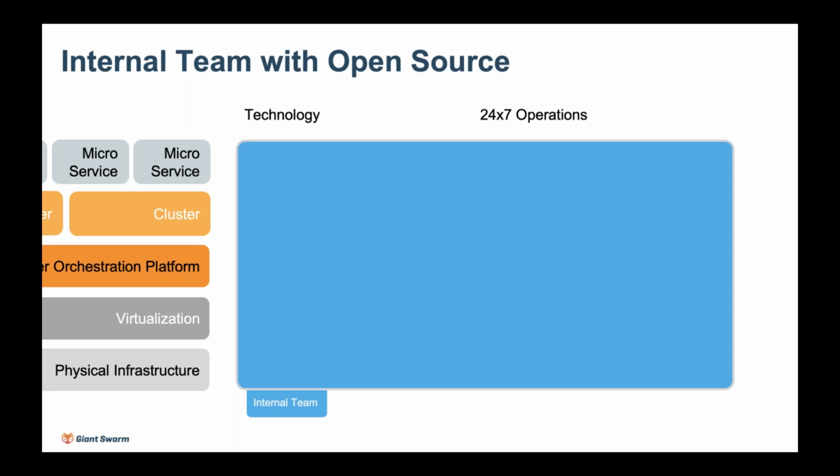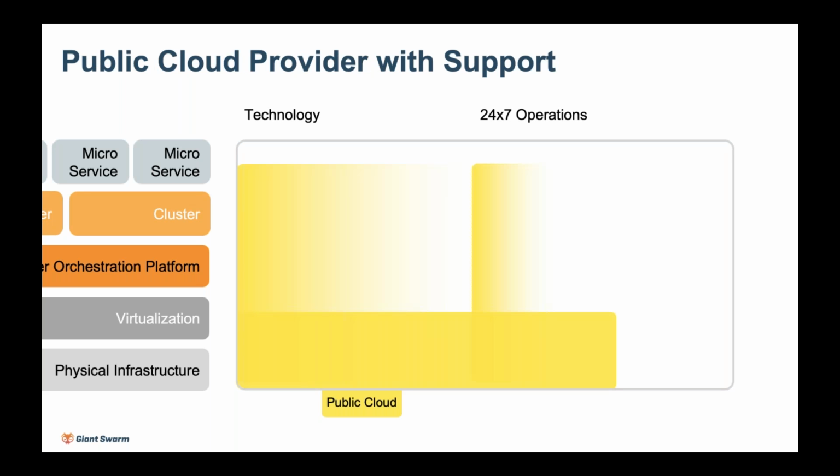Now let's look at the next, which is basically the public cloud provider that provides you with a full physical infrastructure virtualization environment, where you may need to provision your people with access, and you may need to move your machines and so on.